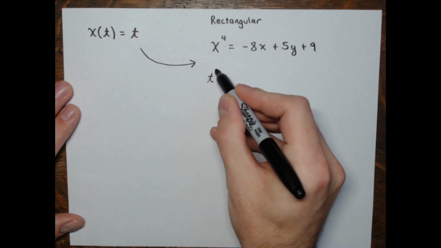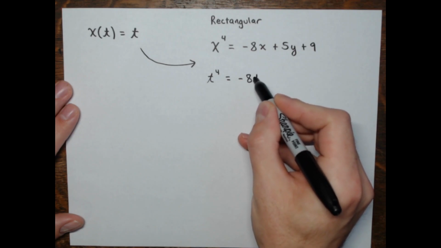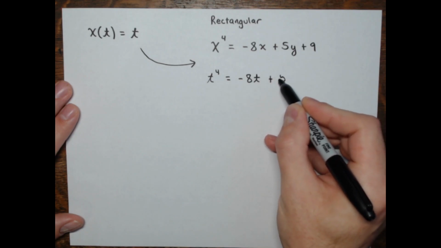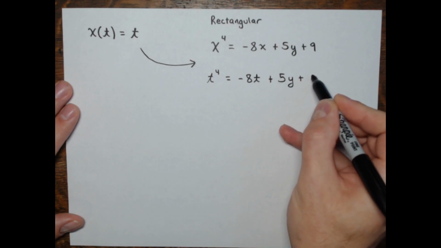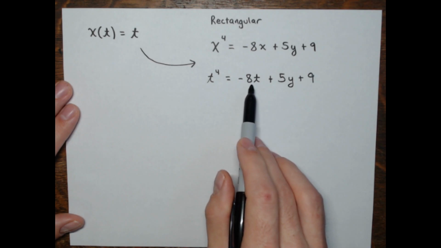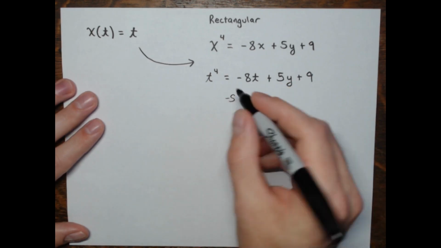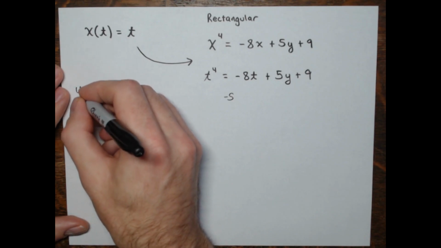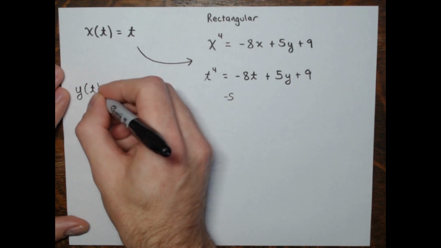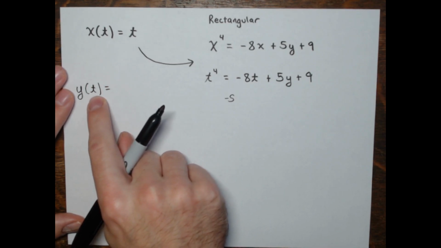We have t to the fourth equals negative 8t plus 5y plus 9. And then you see now it becomes an equation with y and t. And I can solve this for y, to get the y of t, right? To get y in terms of t, what is the y coordinate of the location I'm at value t?